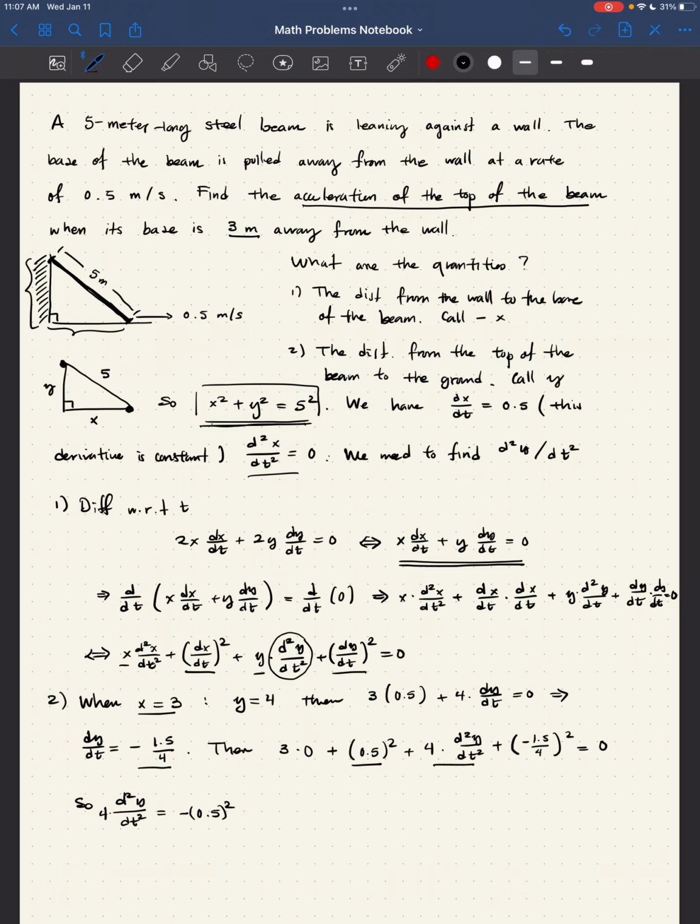So now we have minus 1.5 over 4 squared. And from here, we can just make a division to finish with this. And now we get negative 0.5 squared minus 1.5 over 4 squared, all of this divided by 4. And with this, we conclude. I hope that you like it. Take care.